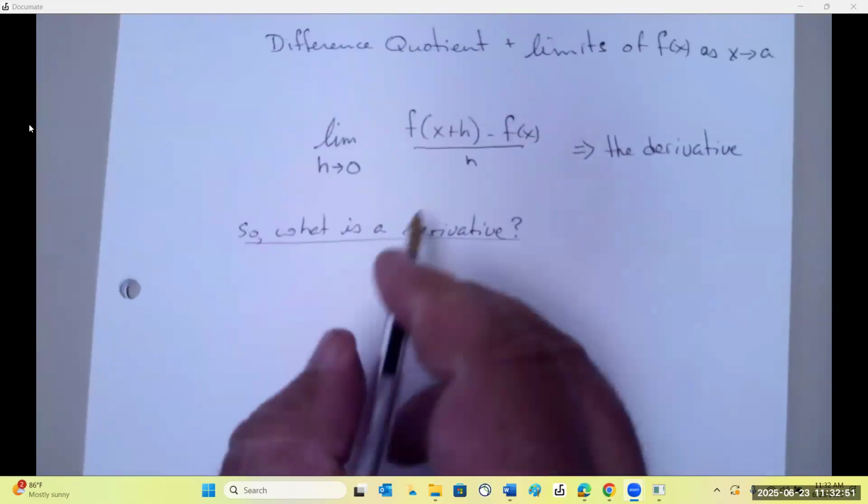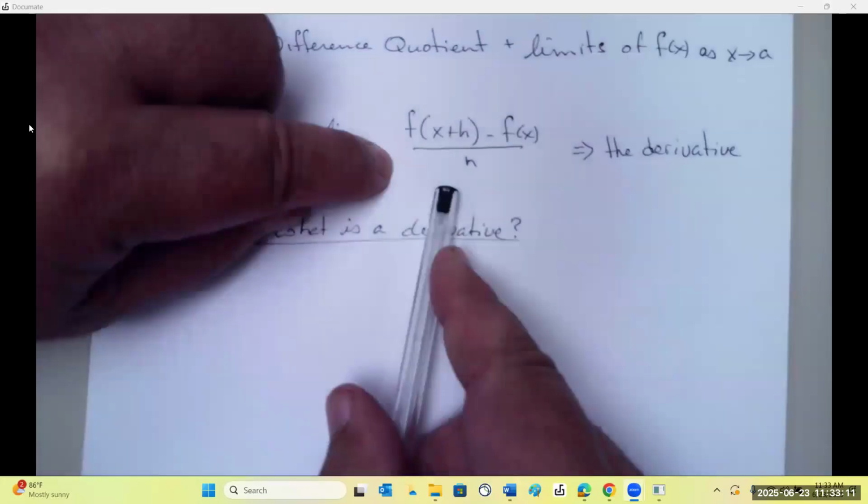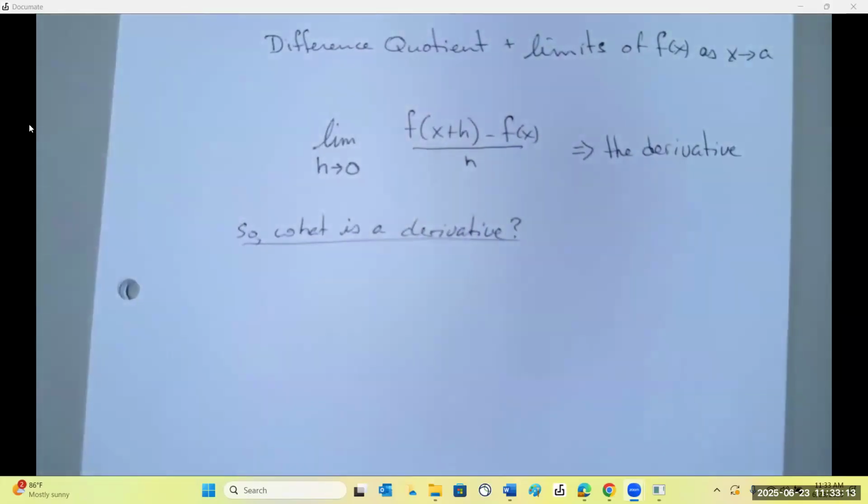Any guesses? With what we discussed here, what about a certain point? So what did the difference quotient tell us? What was that looking for?